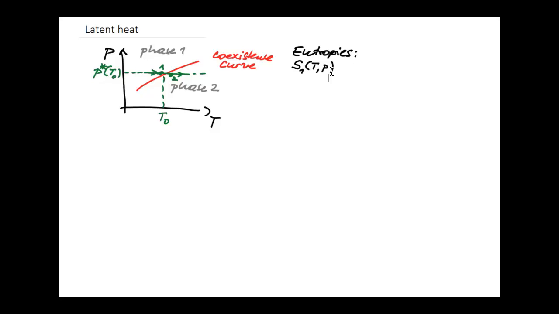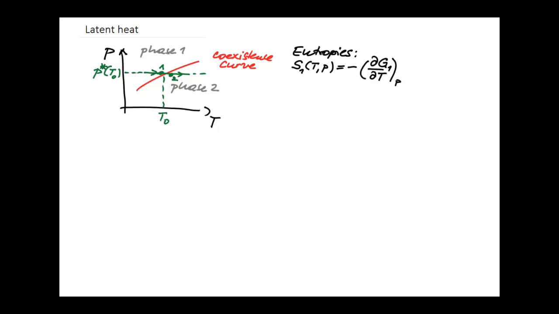And the arrows in the Guggenheim square are such that you have to take a minus sign. So the entropy is given by minus the partial derivative of free enthalpy with respect to temperature at fixed pressure.